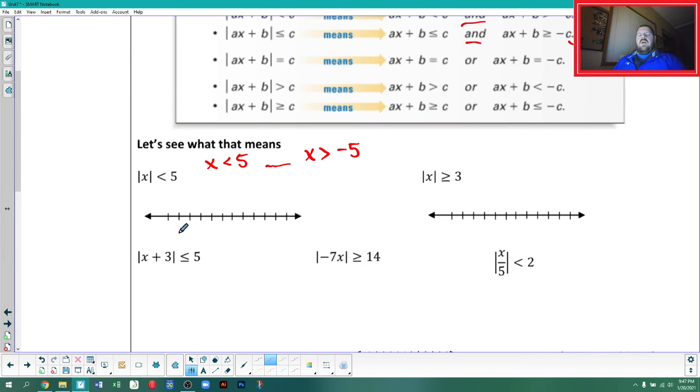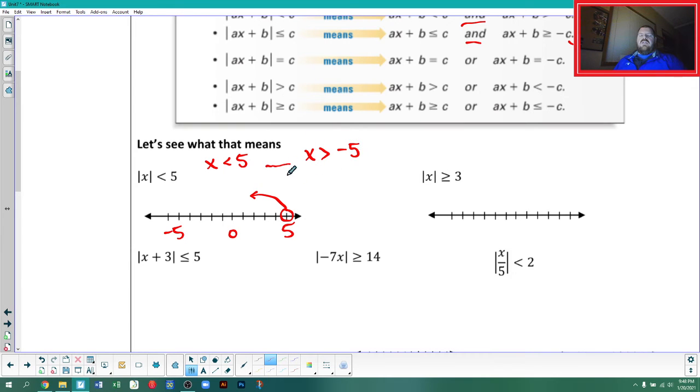And what we're going to do on the number line is graph both of those. Say we have -5 over here and 5 over here, zero in the middle. So looking at that now, if I say that x is less than 5, I'd get an open circle at 5, and I'm looking for numbers smaller.